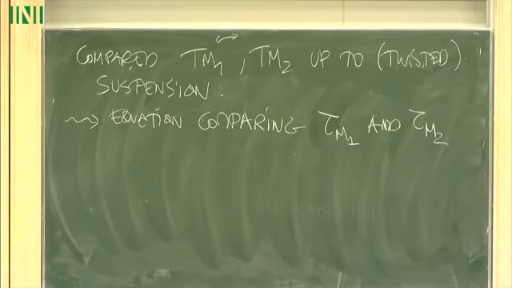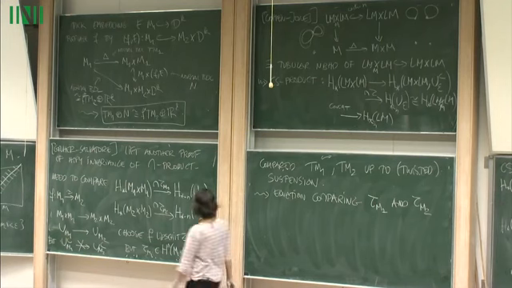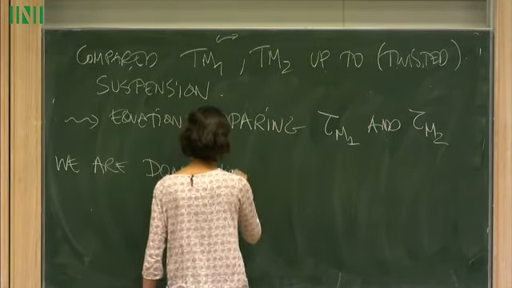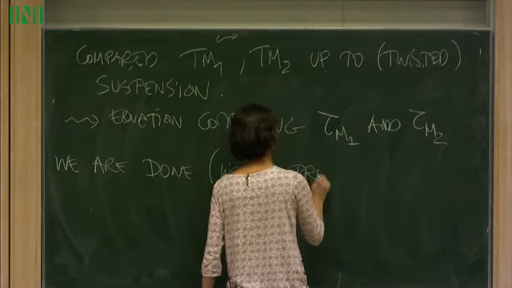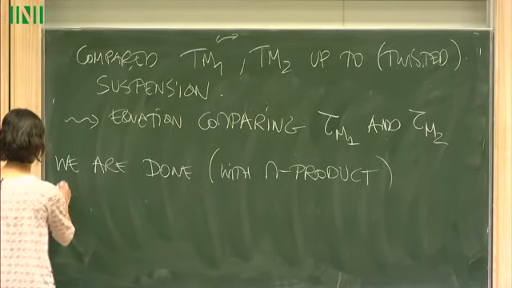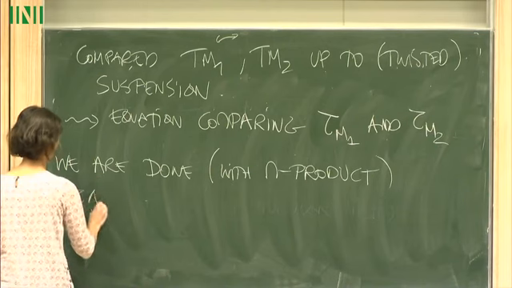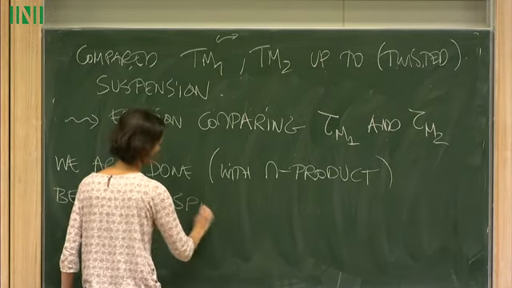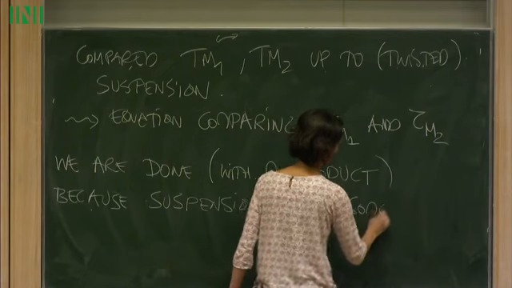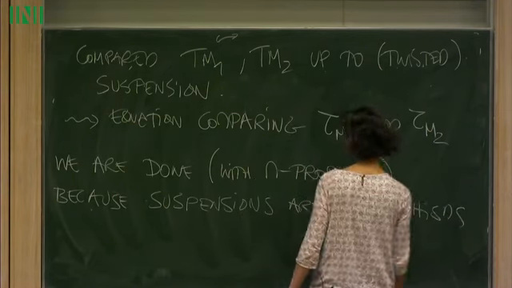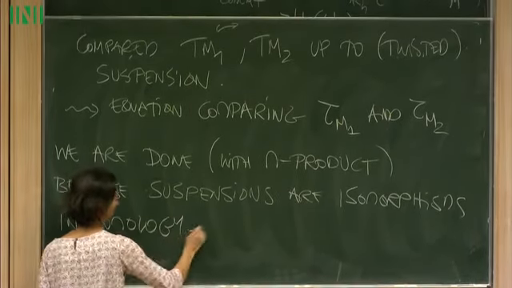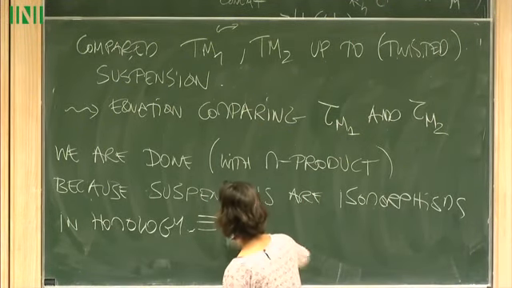Okay, so we're done, right? With the intersection product, this is going to lead to a proof of homotopy invariance of the intersection product, because the suspensions are isomorphisms in homology.